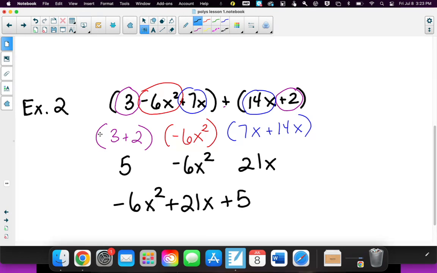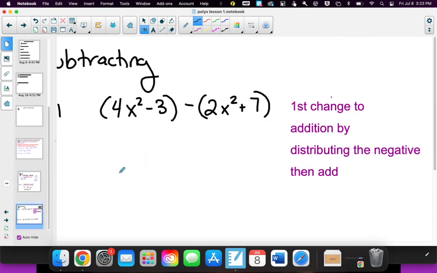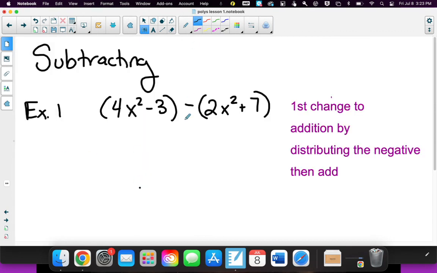All right, so let's try a couple subtraction ones. Okay, so very specifically, and again, you should have learned this when you were first working with integers, we don't actually subtract.